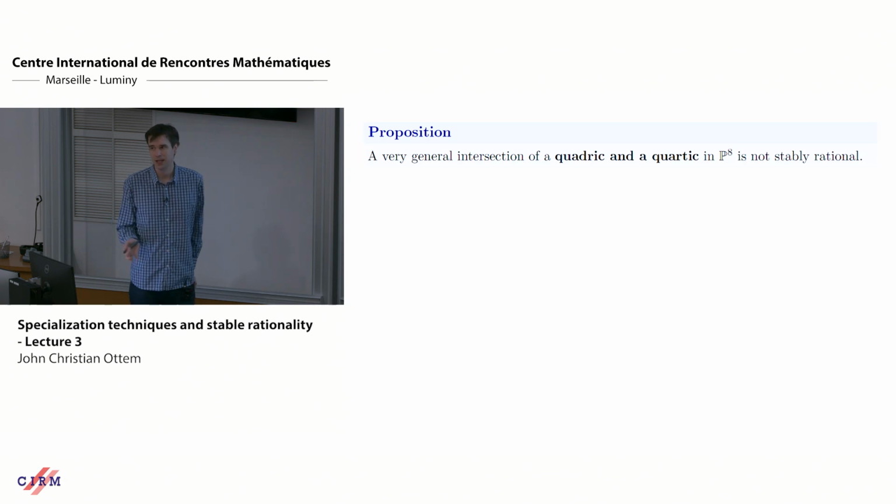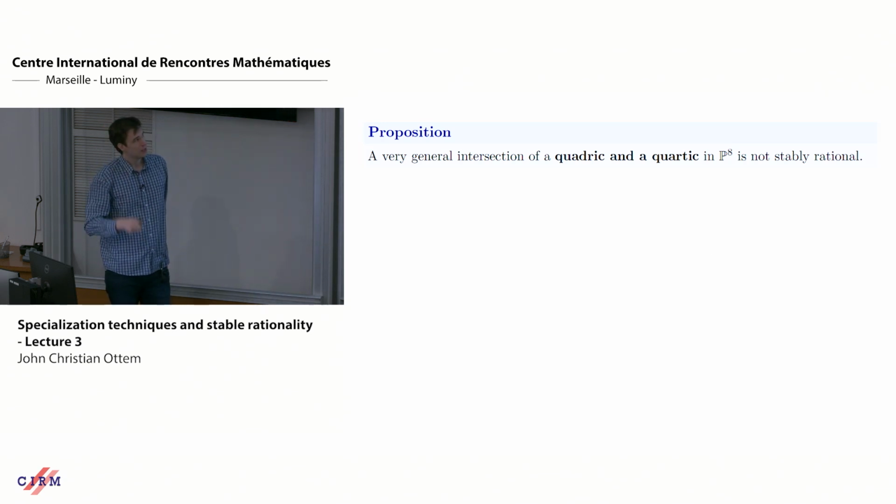At the beginning, I mentioned that there are some results also for complete intersections, not just for hypersurfaces. So let's try to prove this. A very general intersection of a quadric and a quartic, so that's degree 2 and degree 4 in P8. So this is a sixfold. It is not stably rational.